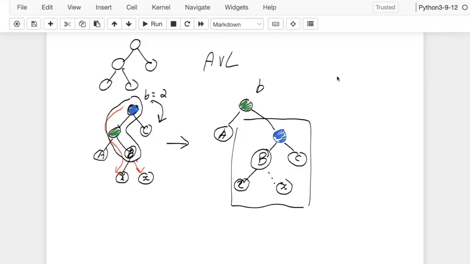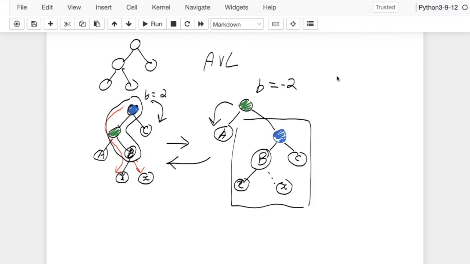Okay, so the balance factor is now -2, which means now we want to move the green node down by moving the blue node up. So that goes back to the original tree that we started with. So we are in a circular situation, which means that we cannot simply do this.